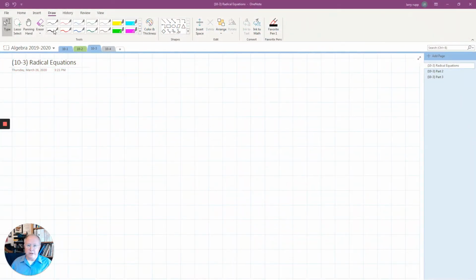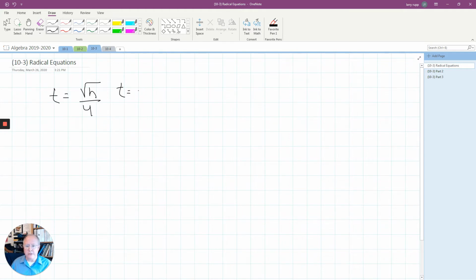From our Get Ready for the Lesson in this section, we are learning that we have an expression that looks like this: t is equal to the square root of h over 4, where t is the time in seconds that it takes an object to fall h feet.